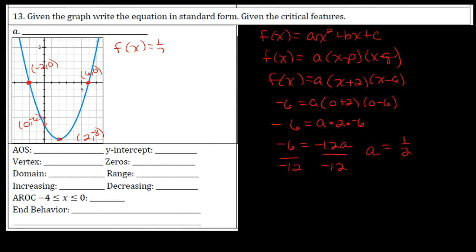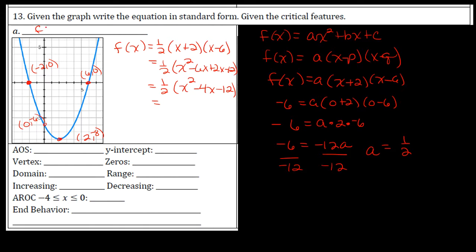So I have 1/2 times x plus 2 times x minus 6. Now I need to convert it to standard. I'm going to multiply my binomials, combine like terms, and distribute my 1/2.